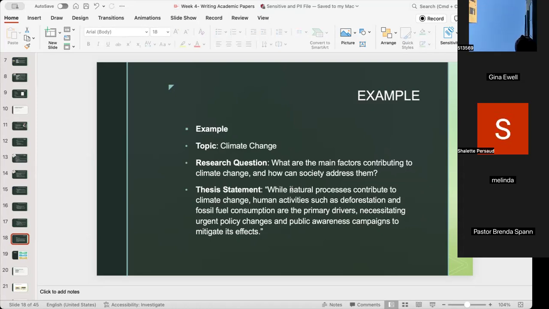However, things that humans do as well, such as deforestation and fossil fuel consumption, also contribute to climate change. And what can we do about it? We need to make policy changes. We need to have public awareness campaigns.